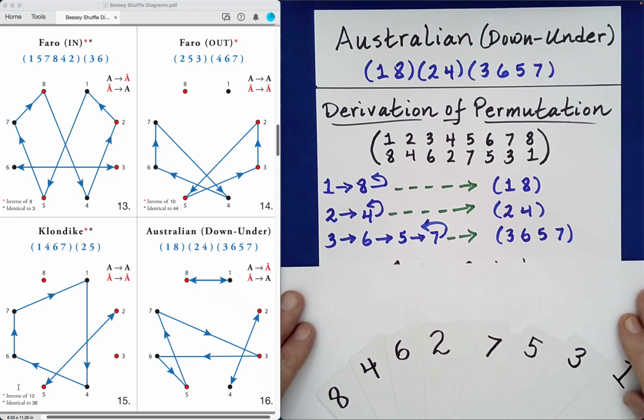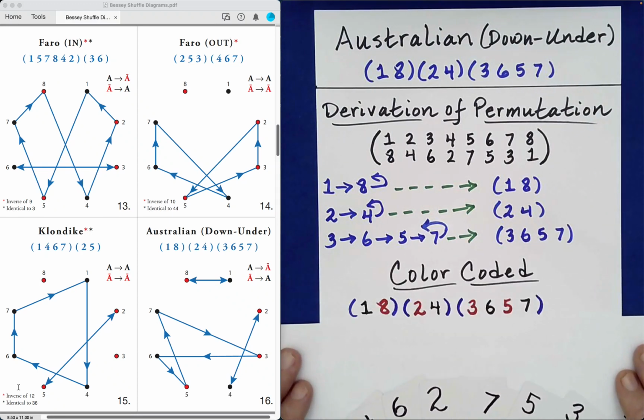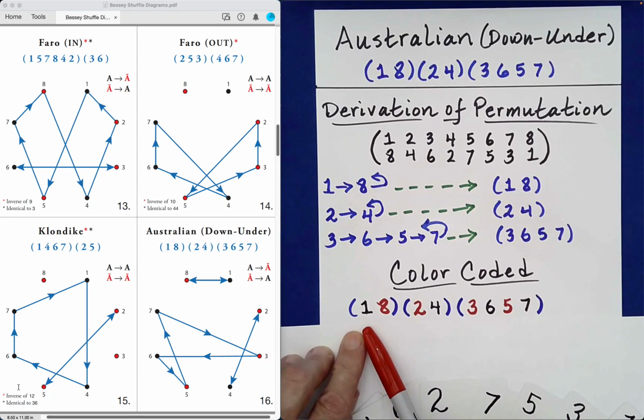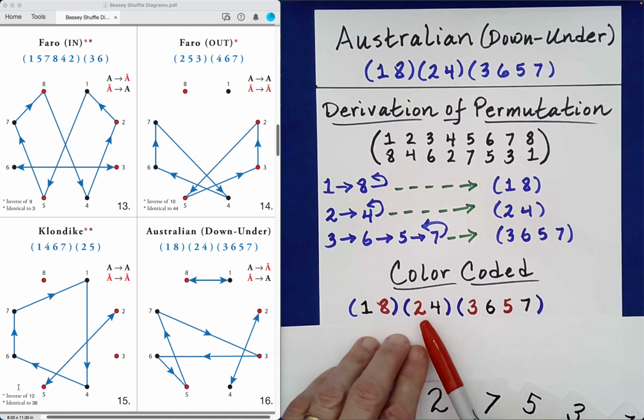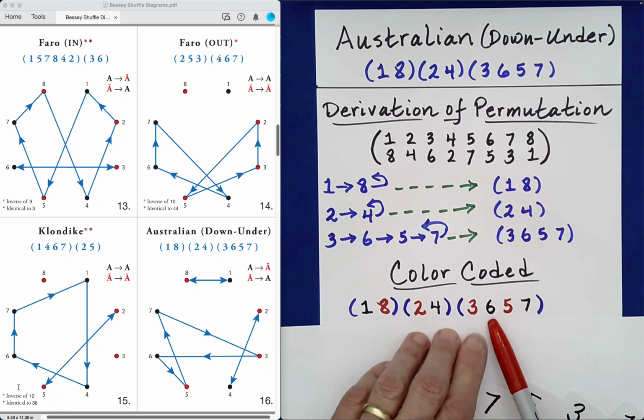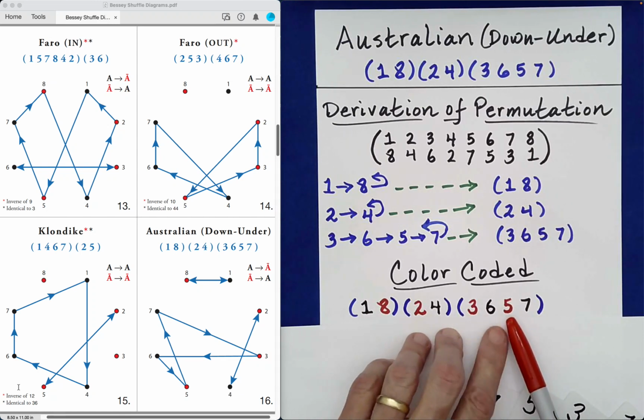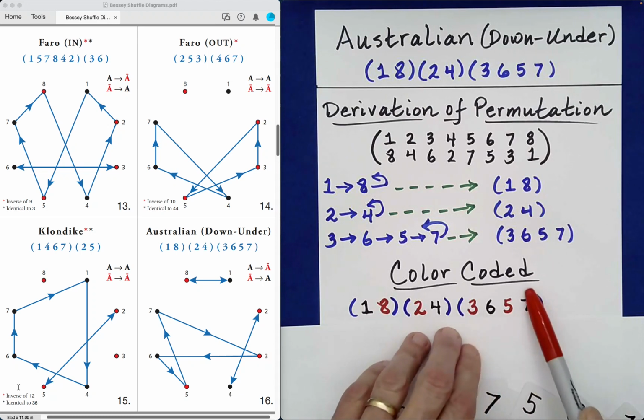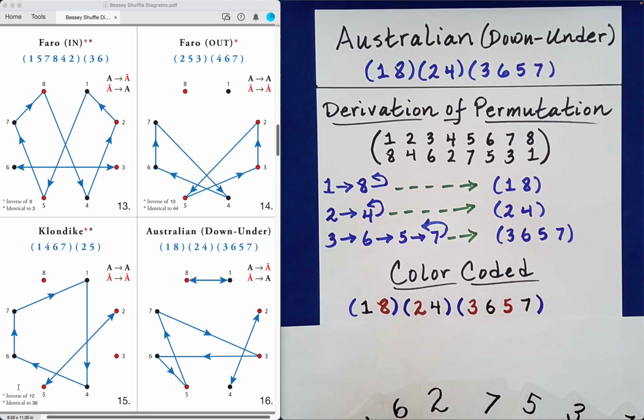If we color code our numerals, we get the following. Black 1 being sent to red 8, and red 8 goes to black 1, it wraps around. Red 2 goes to black 4, which wraps around to red 2 again. Red 3 goes to black 6, which goes to red 5, which goes to black 7, which goes back to red 3.